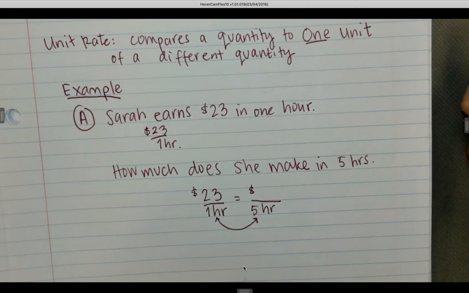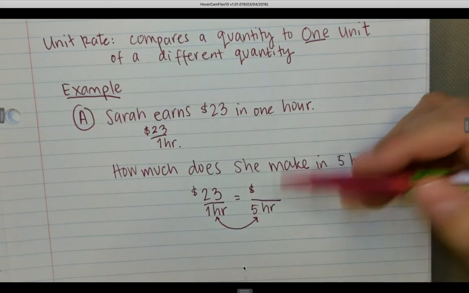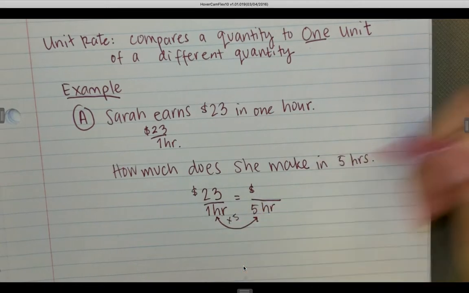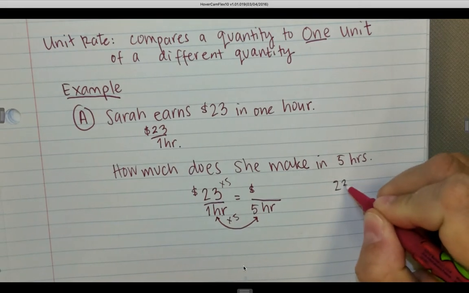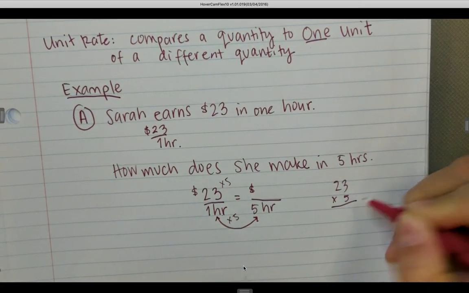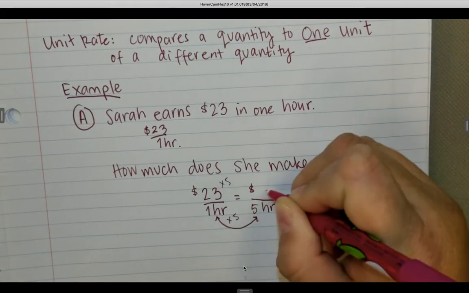Again, it has to be with multiplication or division, not addition and subtraction, because when we do algebra or pre-algebra, it's always about relationships between multiplication and division, less about addition and subtraction. So, what do I do to 1 to get 5? I hope you said multiply by 5. What we do to the bottom, we do to the top. So, 23 times 5 gives us how much money she makes in 5 hours.